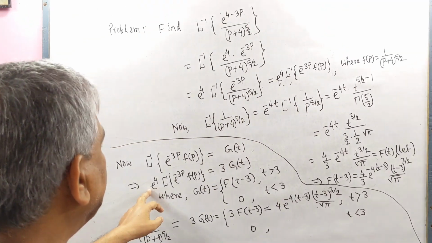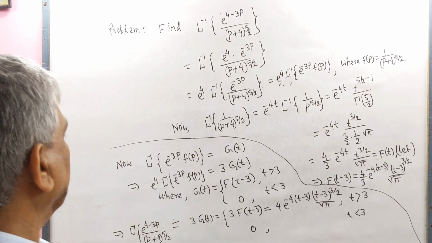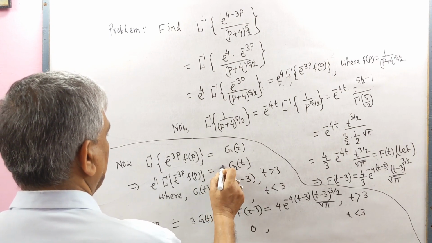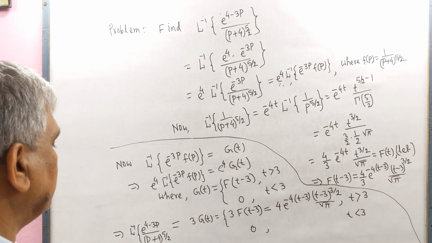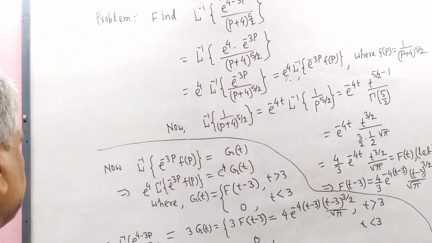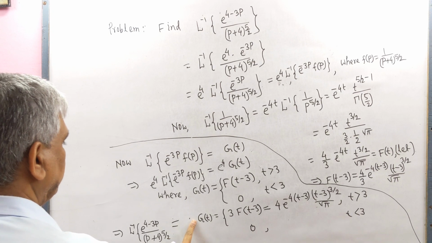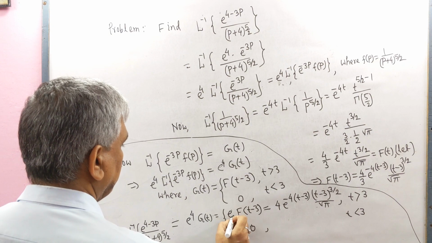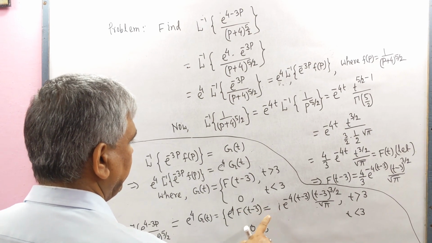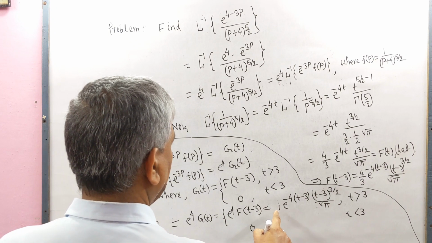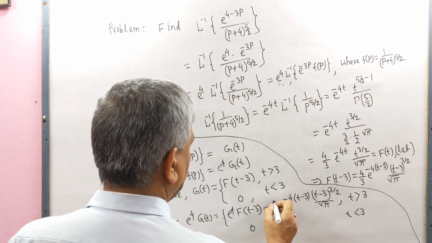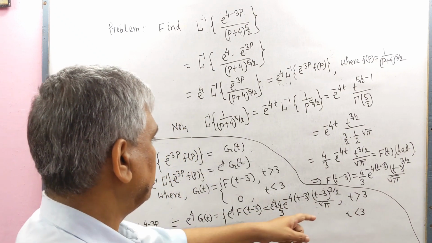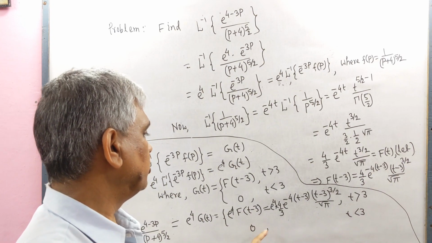So we multiply both sides by e to the power 4. So this equals e to the power 4 g(t). This is e to the power 4 into 4 by 3 e to the power minus 4(t minus 3) (t minus 3) to the power 3 by 2 by square root pi when t is greater than 3, and 0 when t is less than 3.